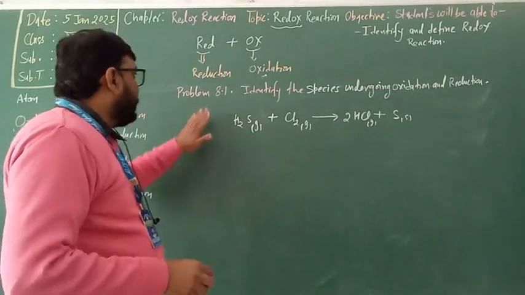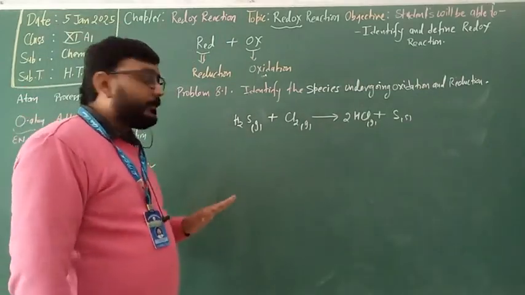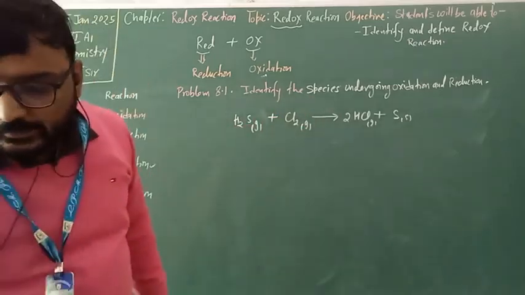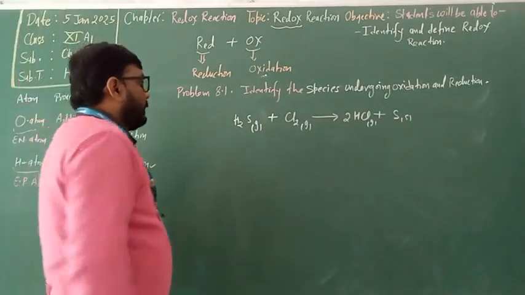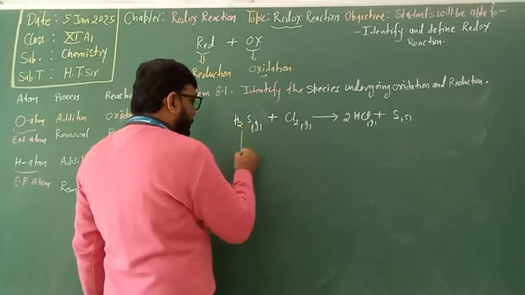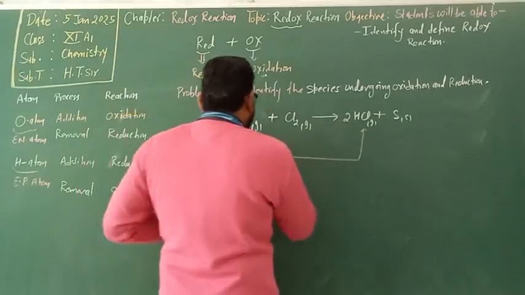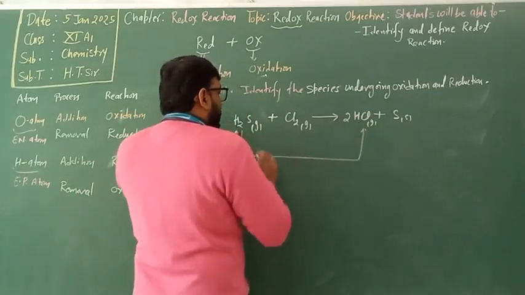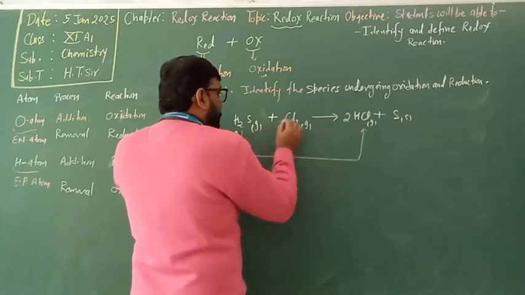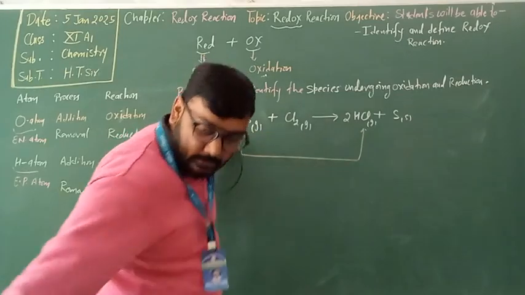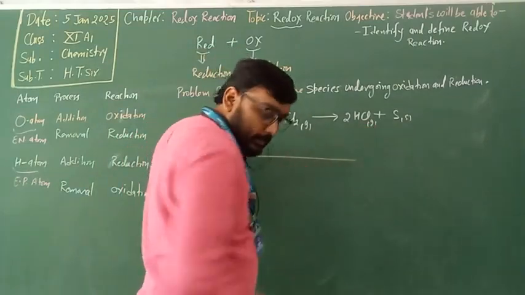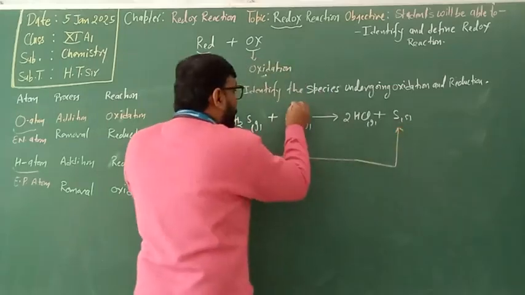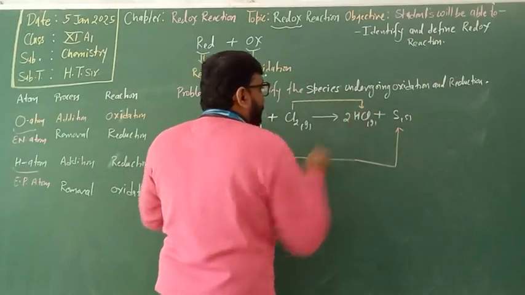Now, problem 8.1 NCERT: identify the species undergoing oxidation and reduction. Let us see. First of all, the reaction is H2S getting converted into sulfur, and chlorine getting converted into HCl.